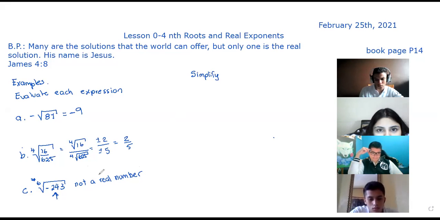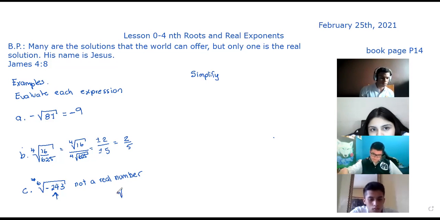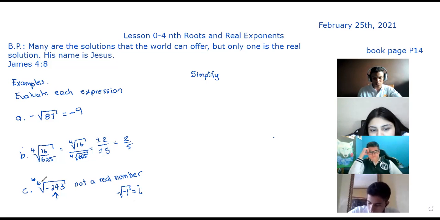But if you remember working with complex numbers and imaginary numbers, the square root of -1 is equal to i. And this is not a square root. It's a 6th root. So I cannot leave it as an imaginary number right here.